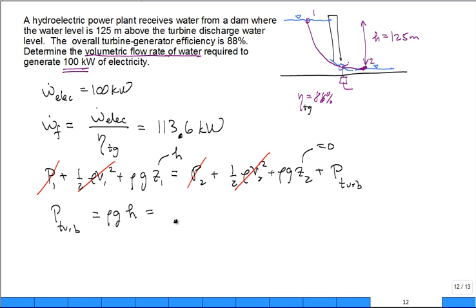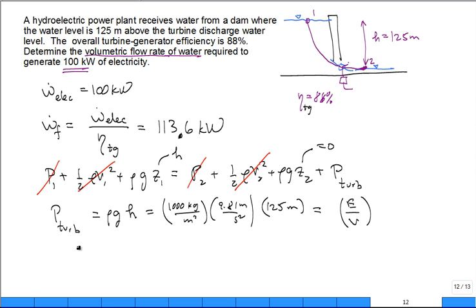So let's calculate this. It's 1,000 kilograms per meter cubed, 9.81 meters per second squared, and a height difference of 125 meters. I don't even know if I made that intermediate calculation. It doesn't look like I did. This is interpreted as energy per unit volume.